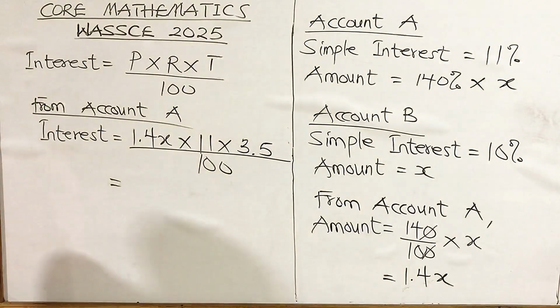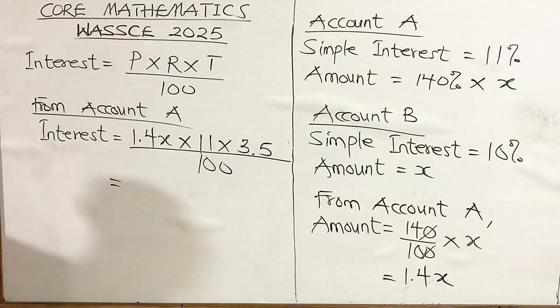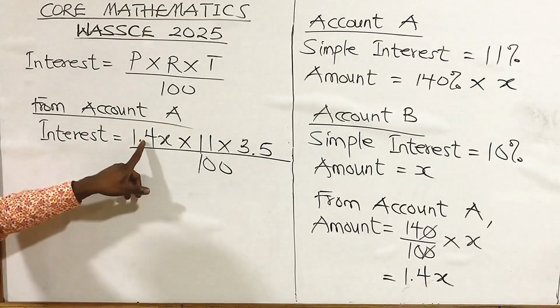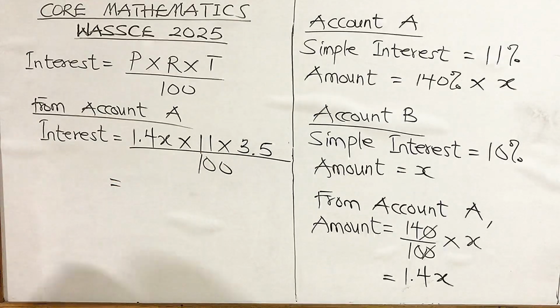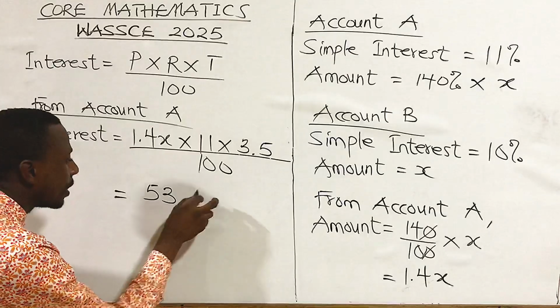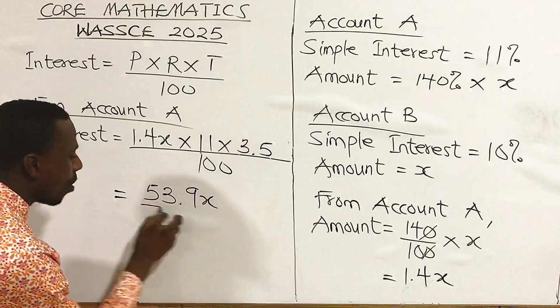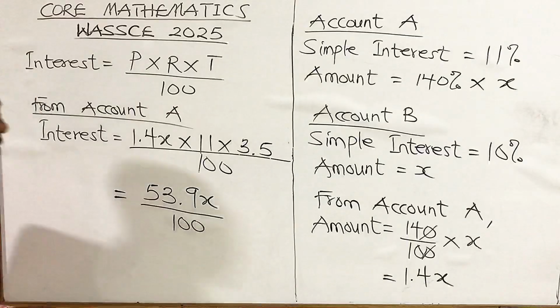So from here we are going to break it down. We know that 1.4 times 11 times 3.5 gives us 53.9x all over the denominator, which is 100.